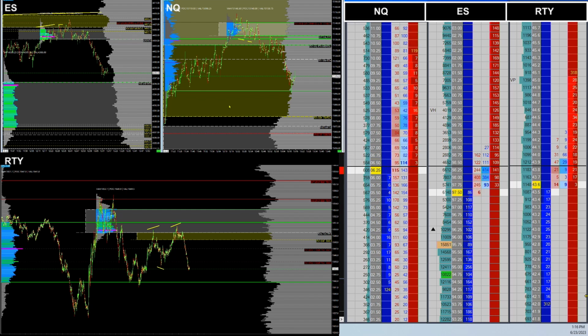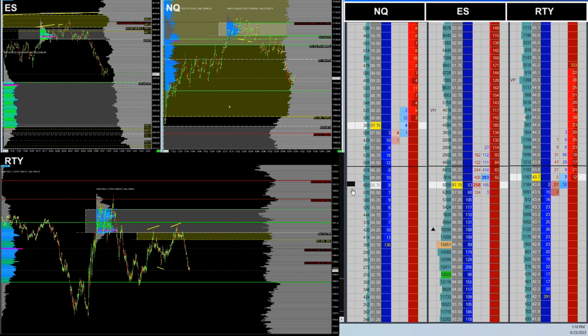Typically NQ leads the push, and NQ was the last thing to go, which is a huge slip right here. That is a massive slip. It's telling me the NQ could dump a little bit lower.